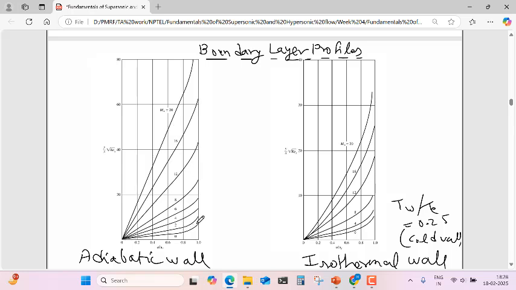You can see that as Mach number is increasing, the point where u upon ue equals 1 gives the boundary layer thickness, or you can say del upon x under root Rex.